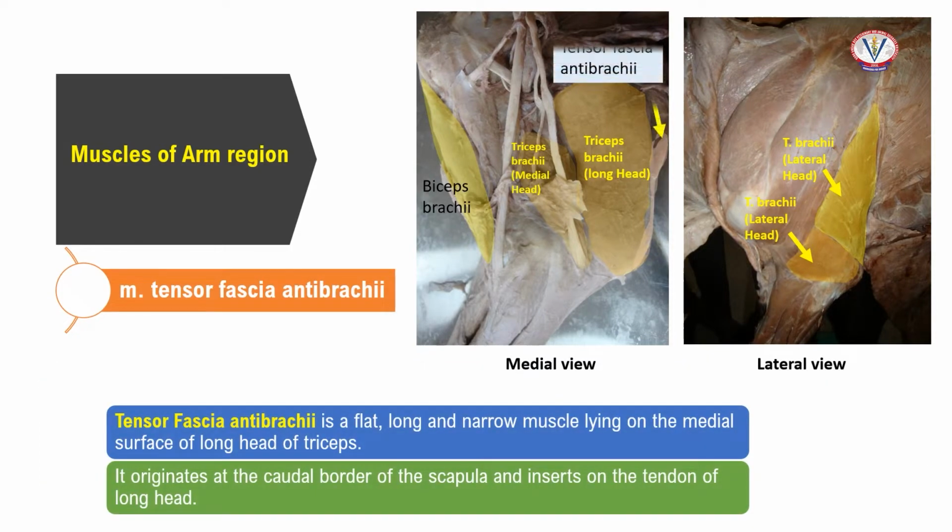The tensor fascia antebrachii is a flat, long, narrow muscle lying on the medial surface of the long head of triceps. It originates at the caudal border of the scapula and inserts on the tendon of the long head.